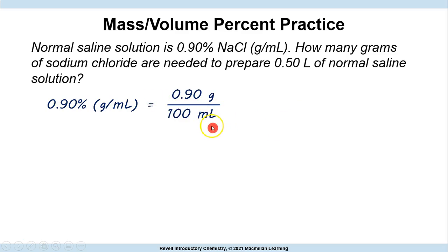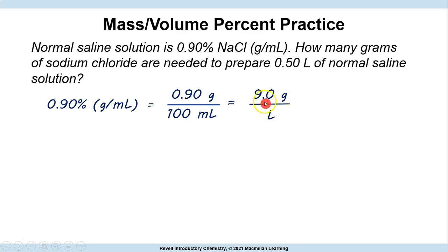Okay, that means we have 0.90 grams in 100 milliliters. So how many of the grams will be found in 1 liter? That means we are going to have 9.0 grams in 1 liter.